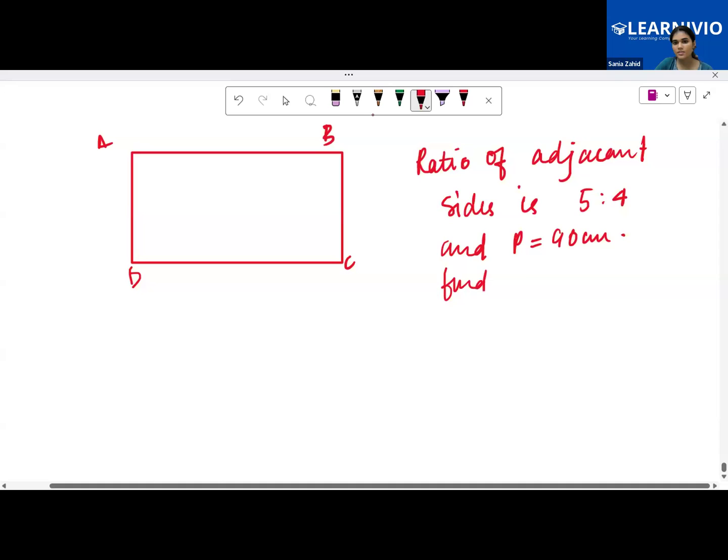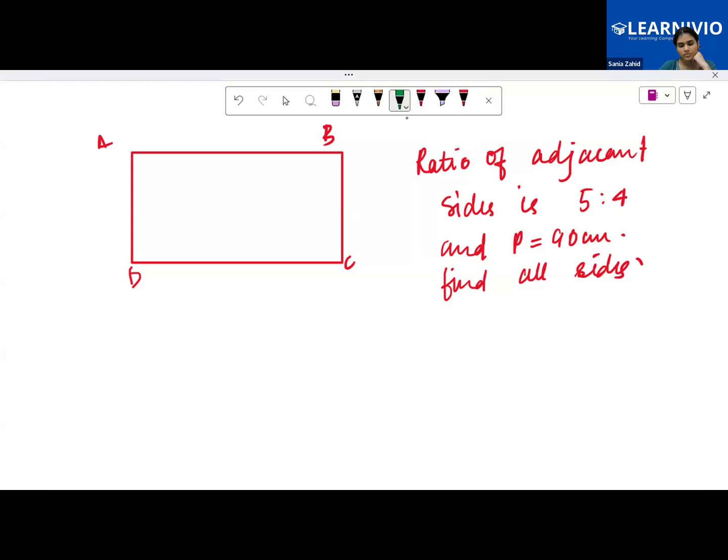Find all sides. Like this type of question. I've just now framed it. So what we will do.